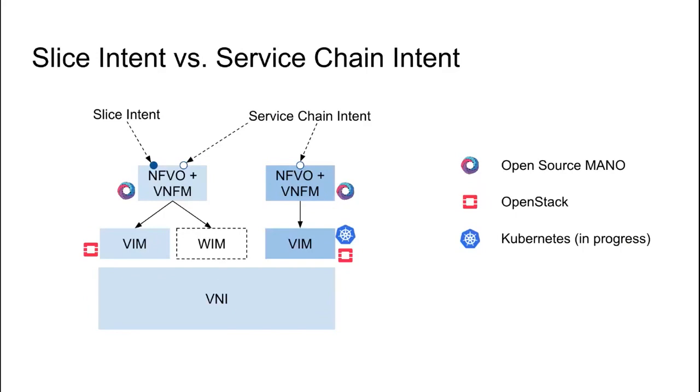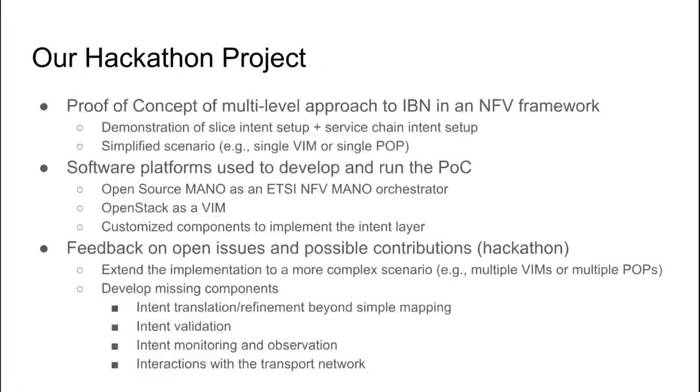Now all the details are going to be shown by David and Molka in their presentation for the demonstration. So this is just to give you an idea of the platforms that we are using to prove this approach.